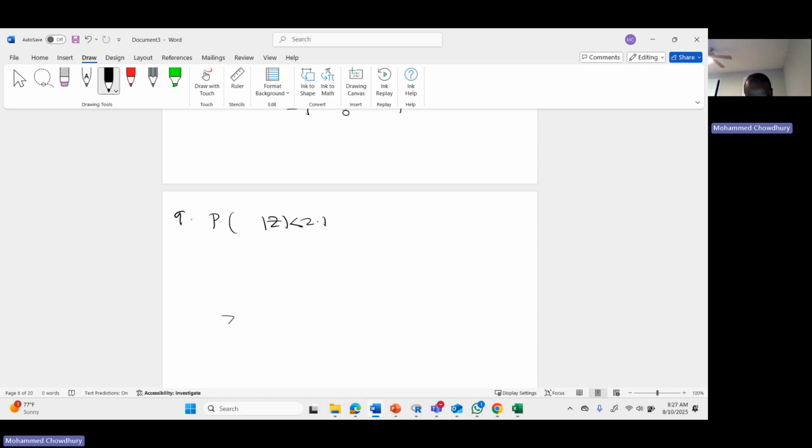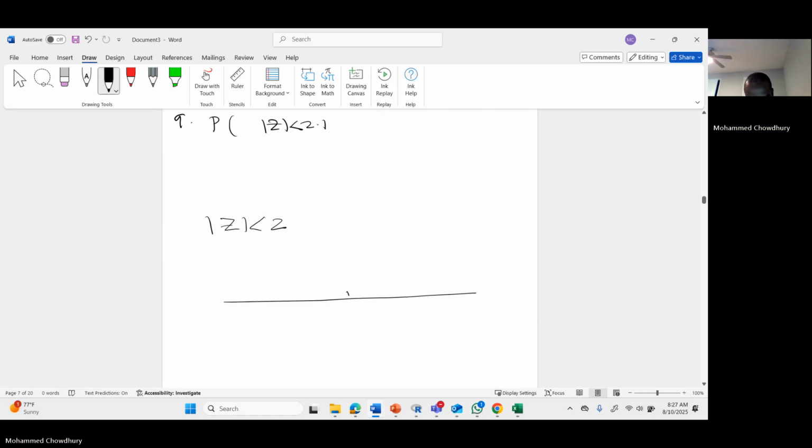If z is less than 2, this is the place where z equals 0, this is where z equals 2, and this is where z equals -2. Absolute z less than 2 means z is between -2 and 2, so this is what you are trying to find.